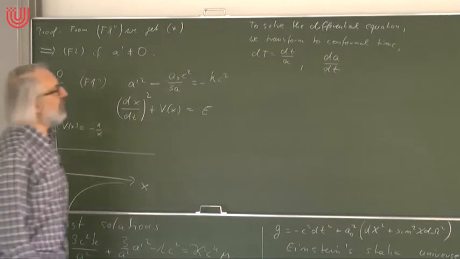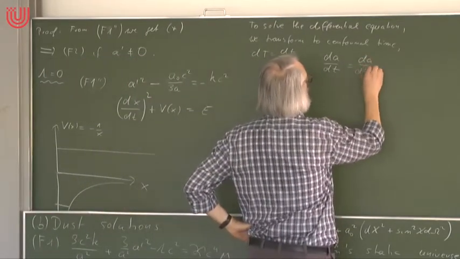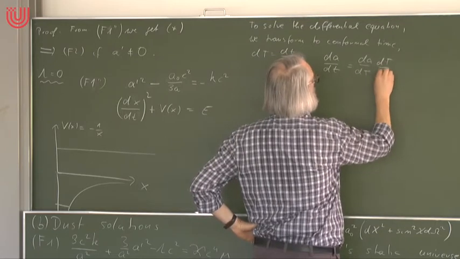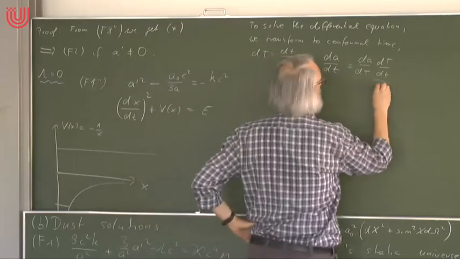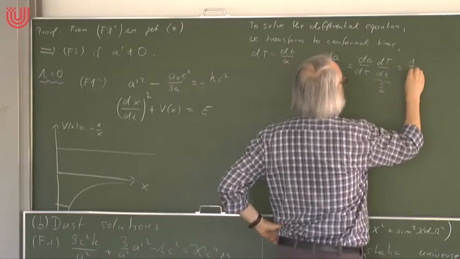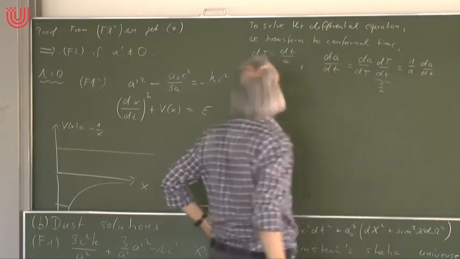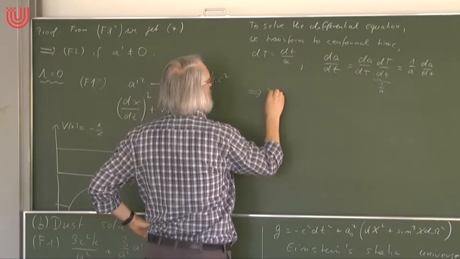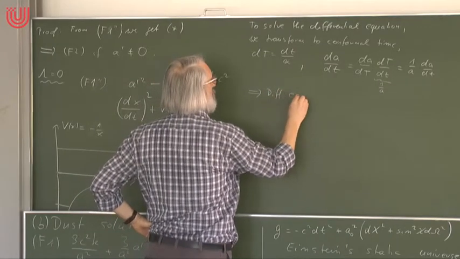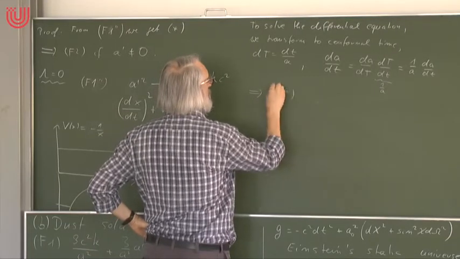Then I can do this with the chain rule. So this is dA by dT, dT by dt, and dT by dt is 1 over a, so it is 1 over a dA by dt. So the differential equation becomes, this was the equation which I called double prime.